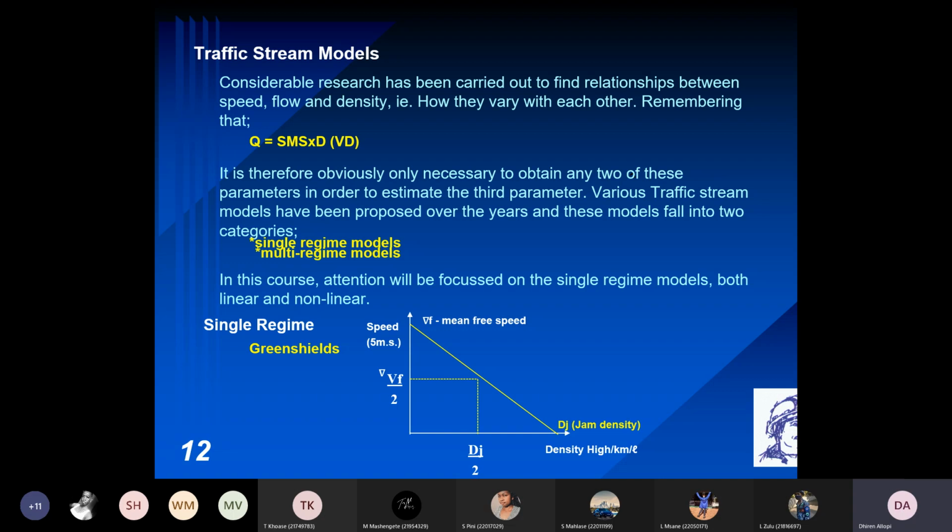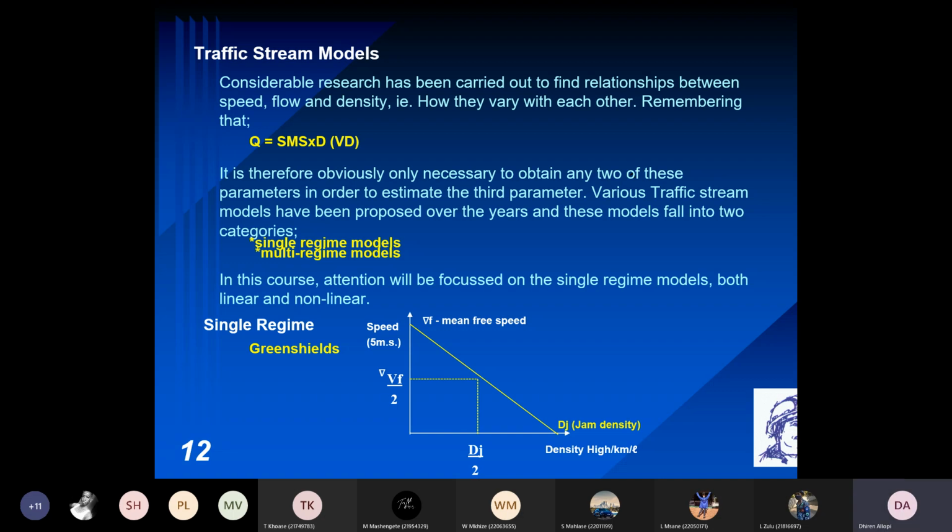Don't forget the basic formula: Q is equal to V times D. At the bottom is the relationship we already looked at between speed and density. You can see the linear relationship between speed and density. That's where you achieve maximum speed, or mean free speed.